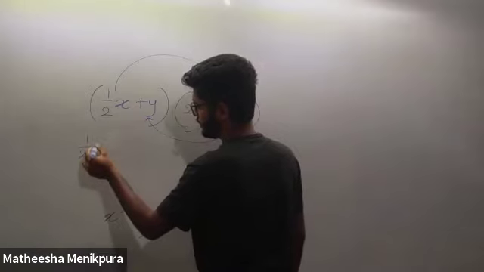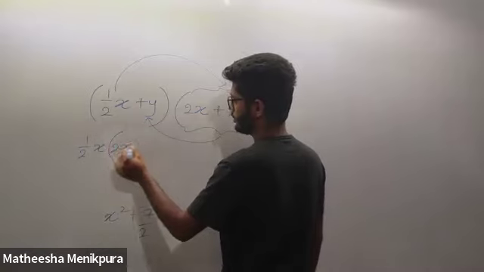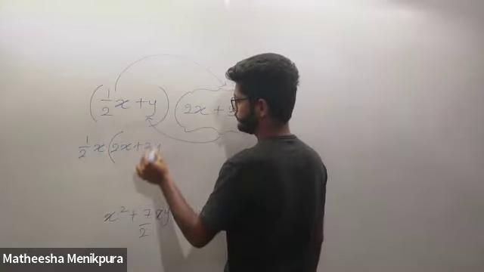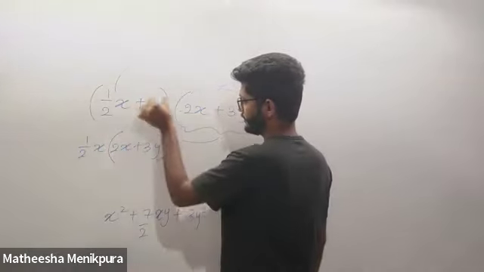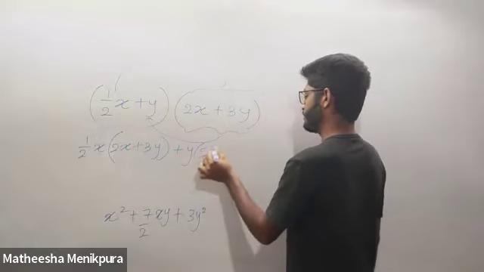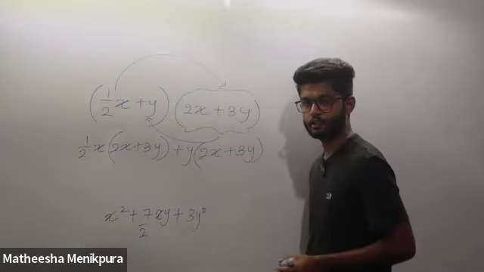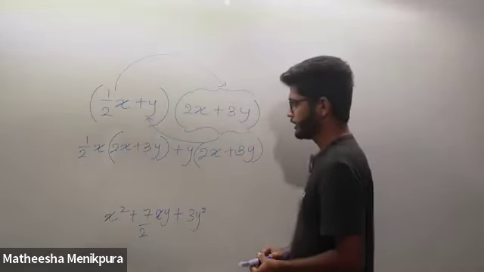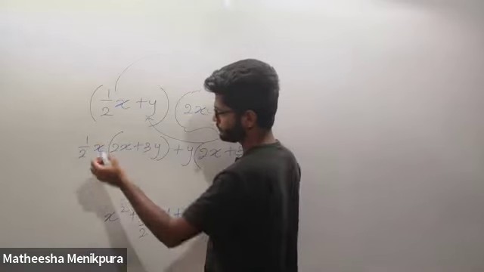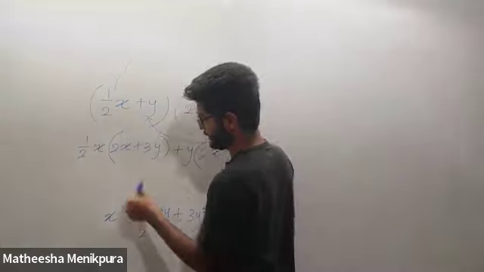So half x multiplied by 2x plus 3y, plus y multiplied by 2x plus 3y. Now let's remove the brackets. Now we have to multiply these two terms with half x.